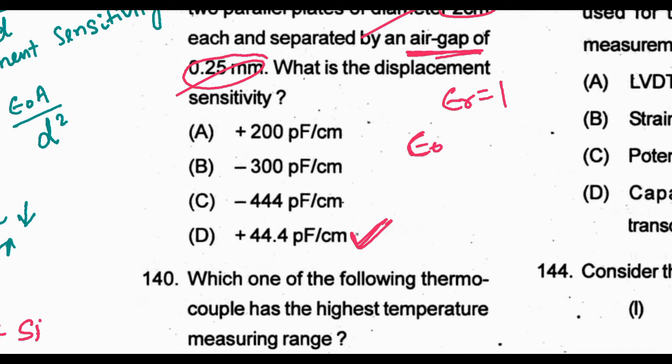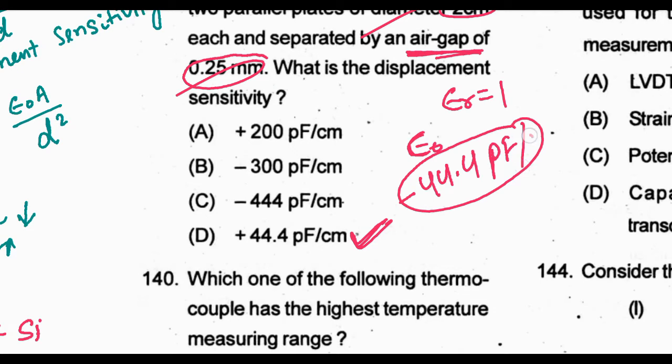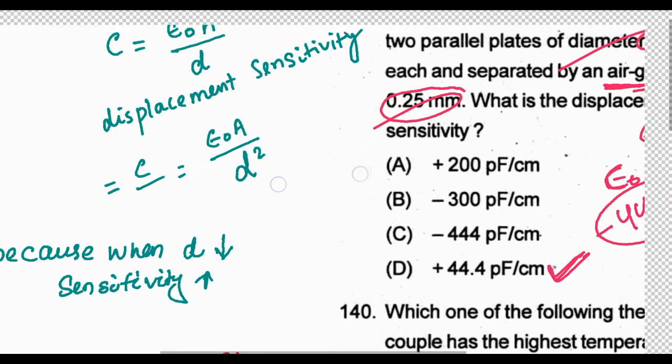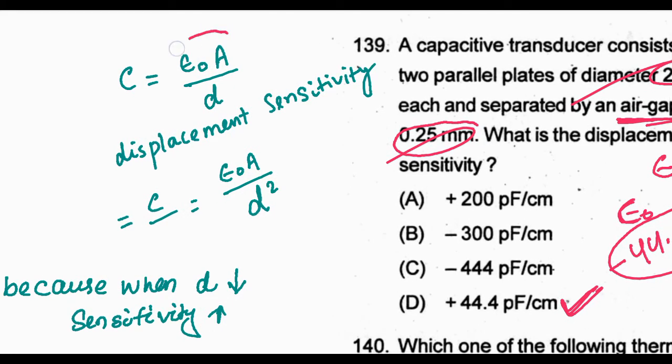Suppose the option given is plus 44.4 picofarad, the option can also be minus 44.4 picofarad, but this is not correct, because the capacitance is given by epsilon 0 A by D, and for a constant D value, suppose D will be maximum this much and D can move only inward. So when D value decreases, capacitance value will increase, that means positive variation.